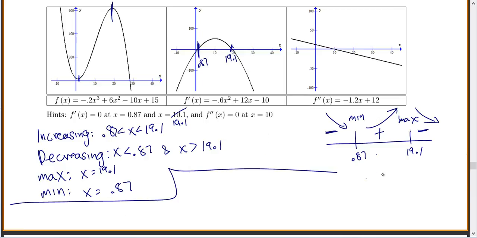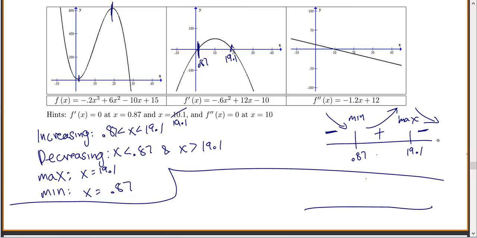Now let's look at our second derivative. Our second derivative is 0 at 10, right here. So we need to test the point on either side. If I go to the left, my second derivative is positive, or above the x-axis. To the right, it's negative, or below the x-axis. And so we're going in an upward U, and then a downward U. So concave up, concave down.